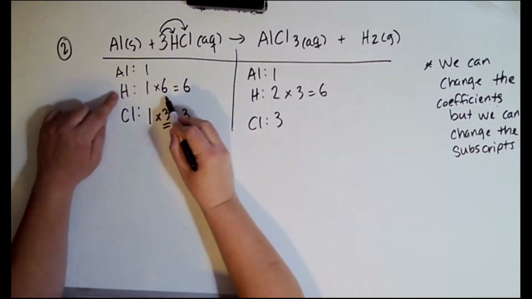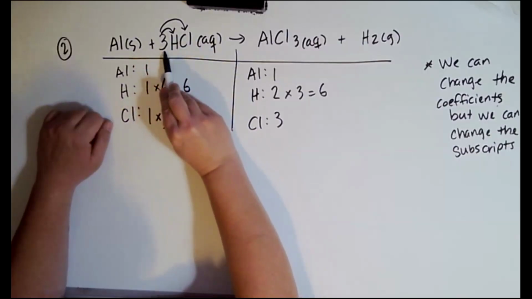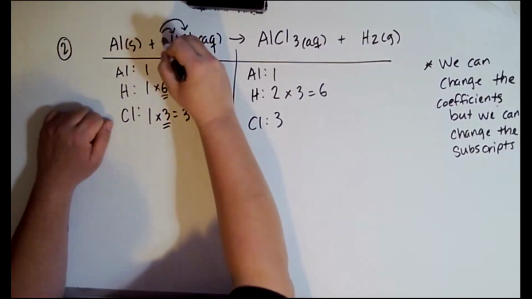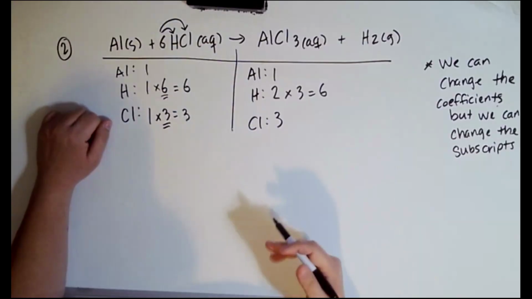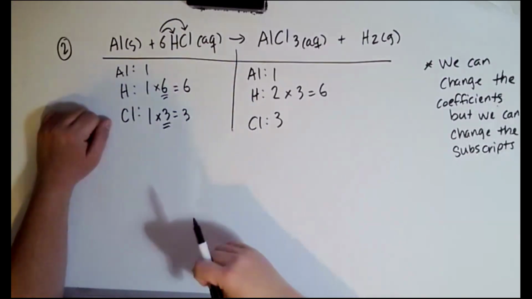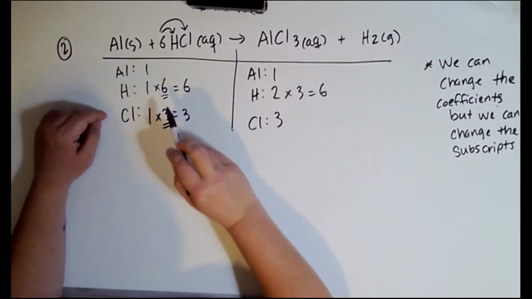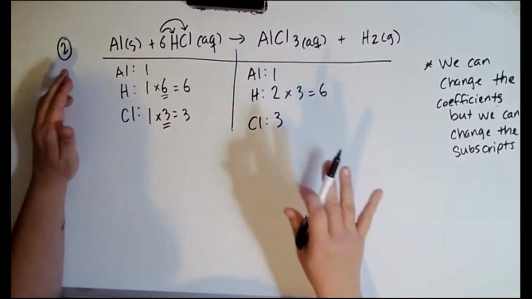And when I change the multiplier in front of my hydrogen, that means I'm changing that coefficient that I've placed here, which is okay. You're allowed to change coefficients as you go. Sometimes you'll make a modification to a coefficient that you've already locked into place. Until everything's balanced, no coefficient is safe.